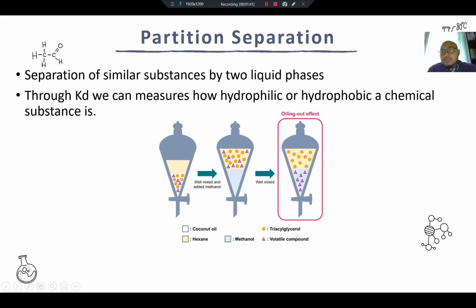It means that it is hydrophobic because it goes to the organic layer instead of the water or aqueous layer, right? Okay, so what are the other examples of partition separation? I would like to leave it to you to think a bit, and I will ask again during the discussion session.